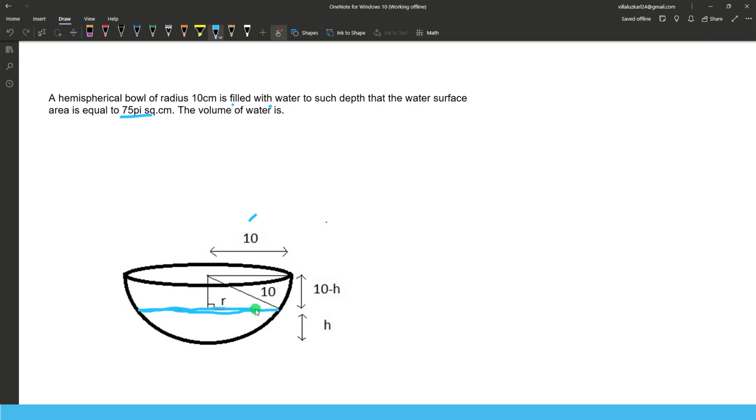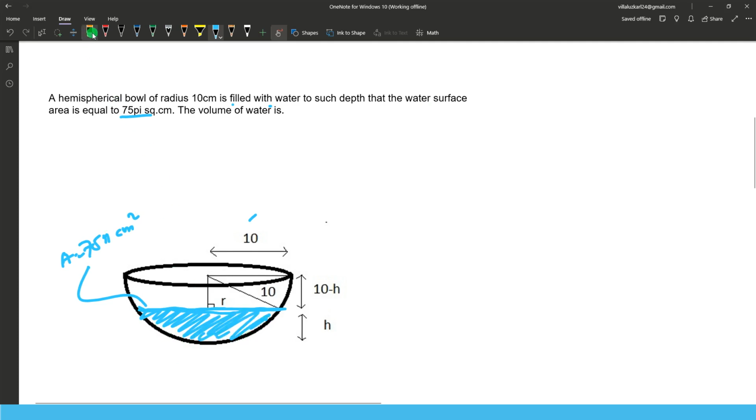In top view, that's a circle, and the area of that is 75 pi square centimeters. What is required is the volume of this water.